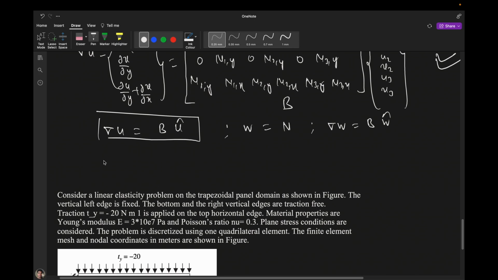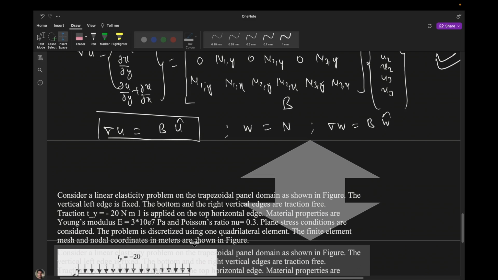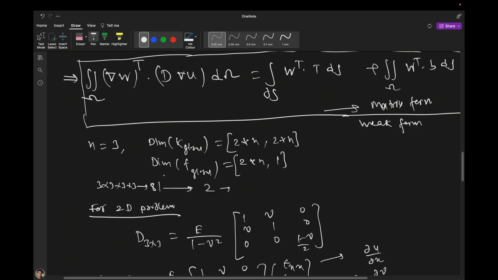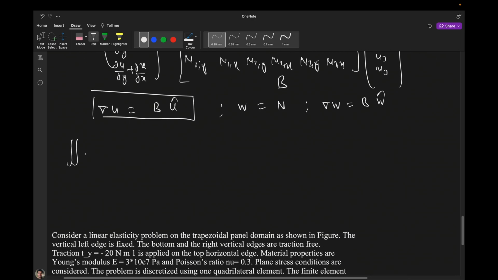If we combine everything from the main equation, we can get delta w, that will be B w transpose, D times delta u, so that will be B u hat.